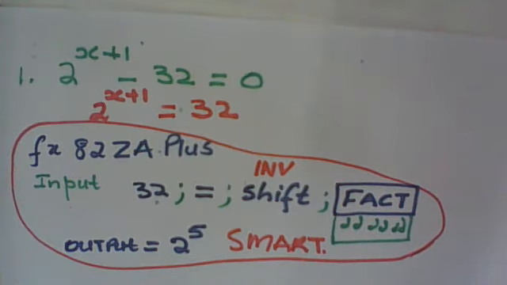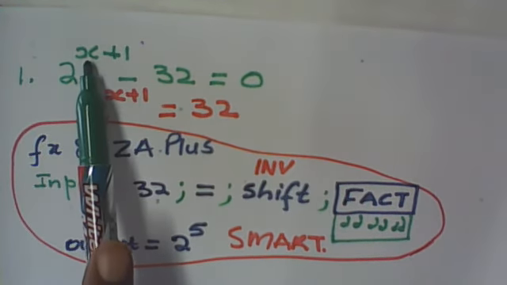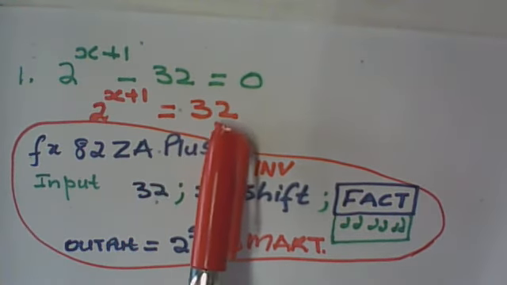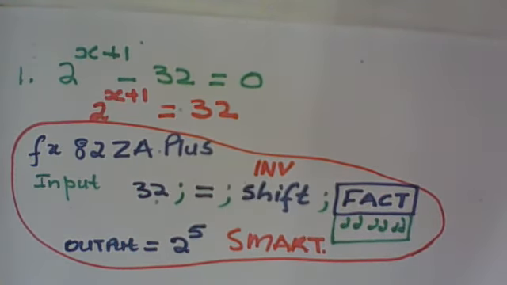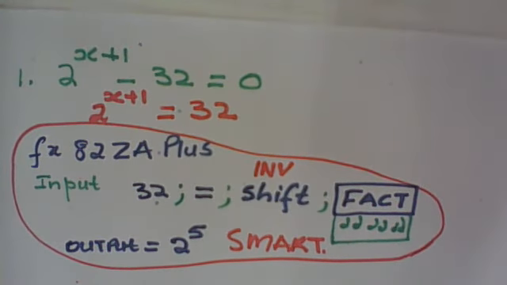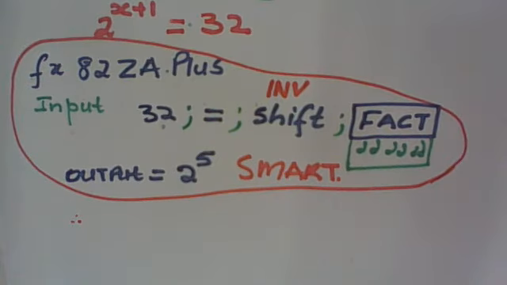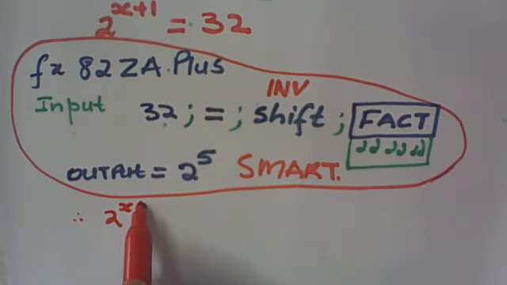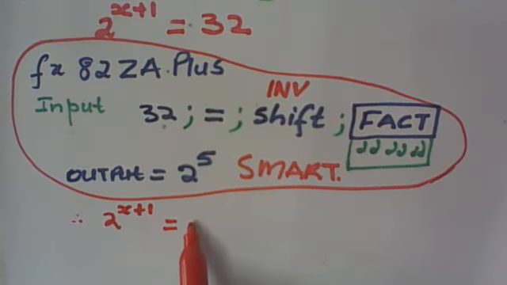What is the question, or the solution that we need to find? Solve for x. We need to calculate the value of x. Find the value of x. Now we have 32 is 2 to the power x plus 1 equals 2 to the power 5.